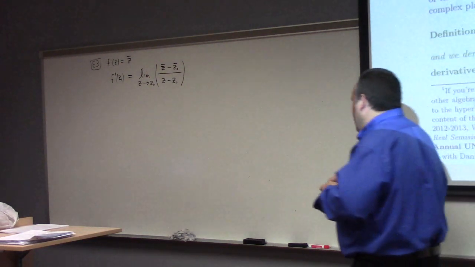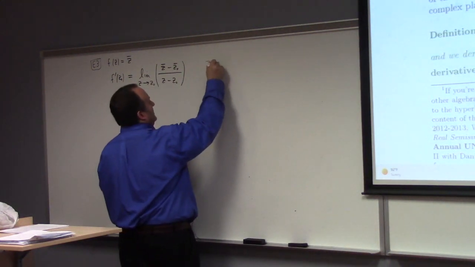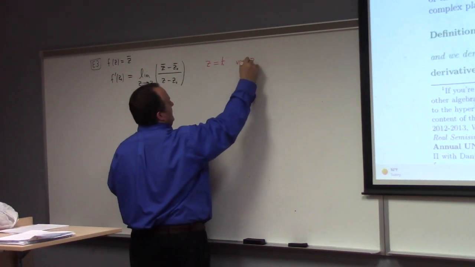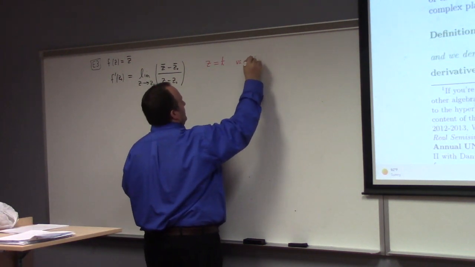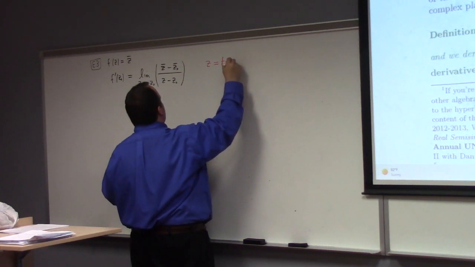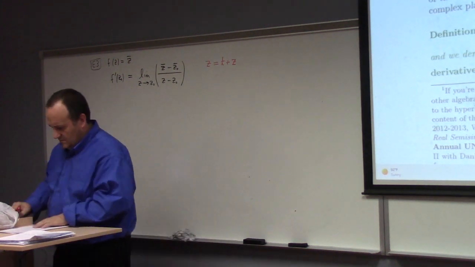So easy paths to think about here are z equals t plus z naught, I guess.